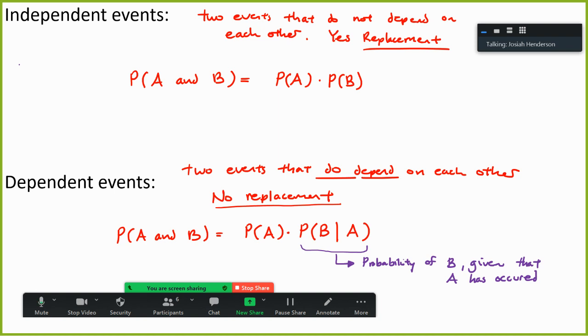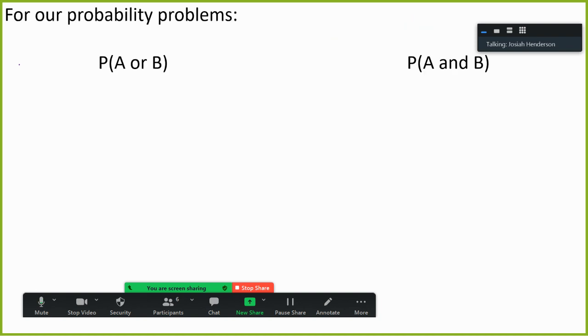Because really we have 4 different formulas now. We've got our 2 for mutually or non-mutually exclusive, and then we've got our independent or dependent events. And really each one is different. So let's compare those together now. And then we'll try some practice problems.